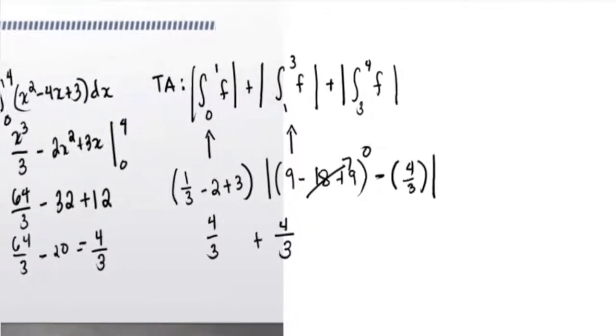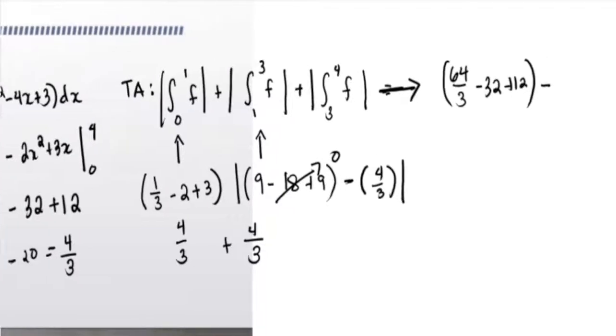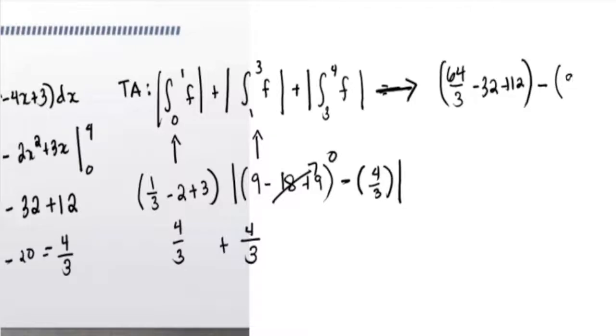And last, itong part na to is 64 over 3 minus 32 plus 12. Nasolve na natin to kanina as 4/3. Pero isa-subtract rin natin yung f of 3. 9 minus 8 plus 9.